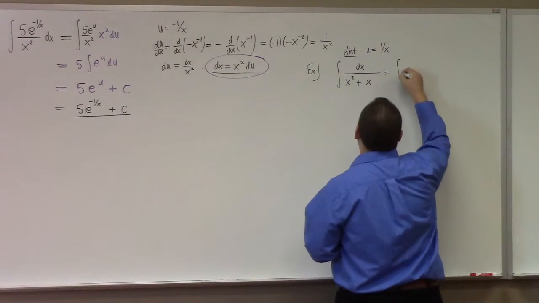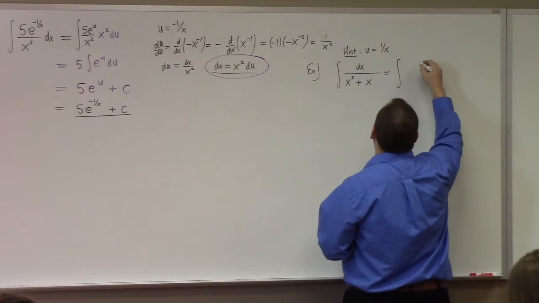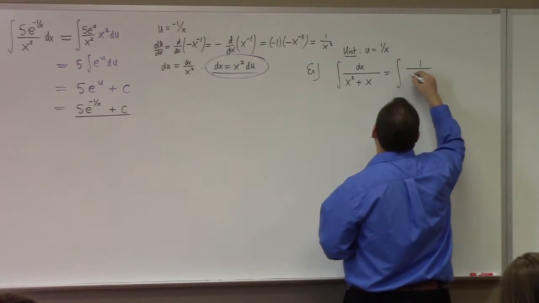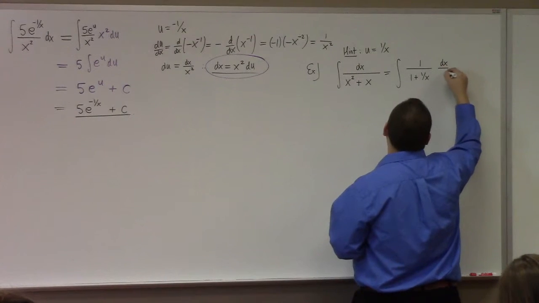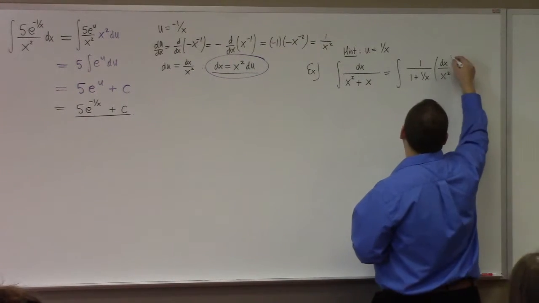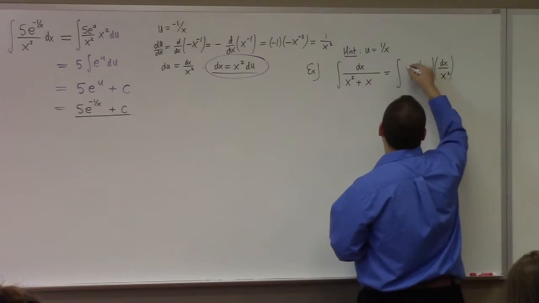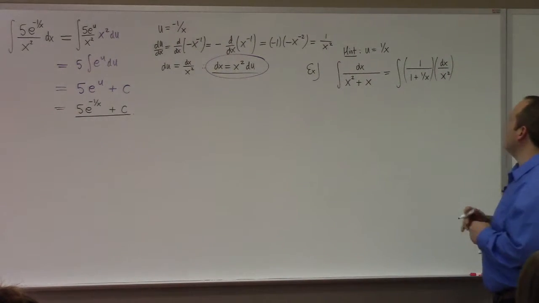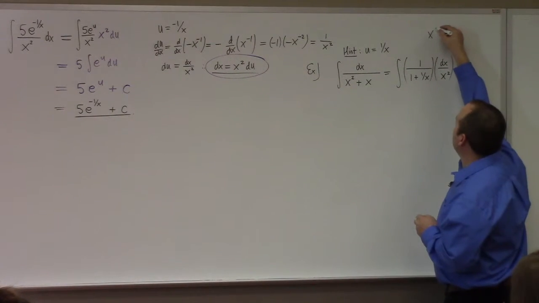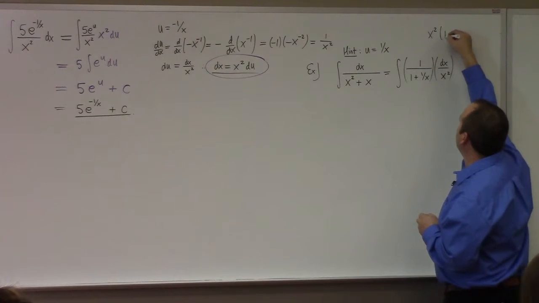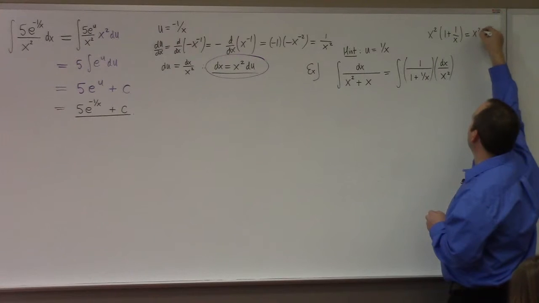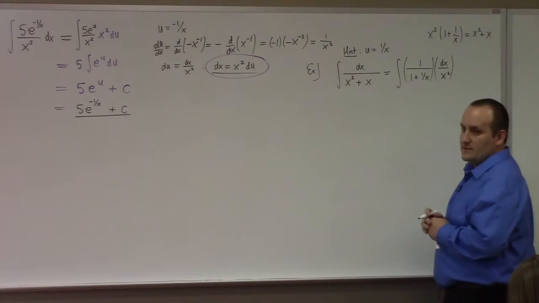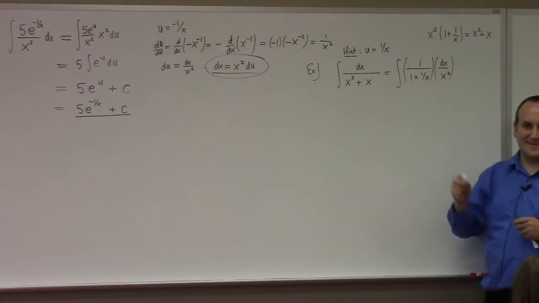So this is the integral of 1 over 1 plus 1 over x times dx over x squared. Because x squared times 1 plus 1 over x is equal to x squared plus x, so you can factor like that.